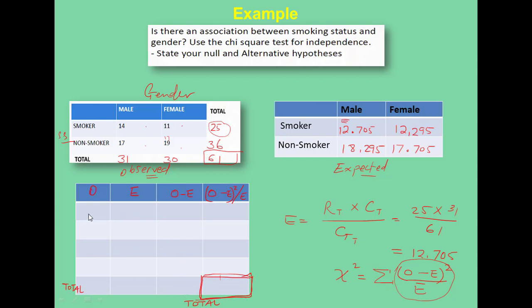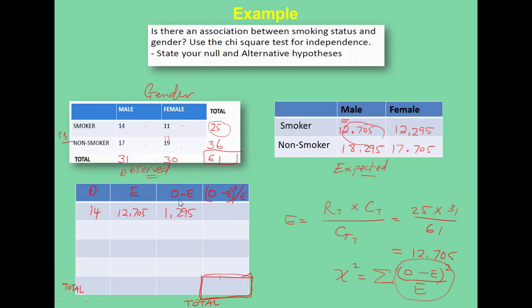So let's do that. For our observed frequencies, we have 14, and our expected is 12.705 right here. Our observed minus expected, so this minus this, is 1.295, right?